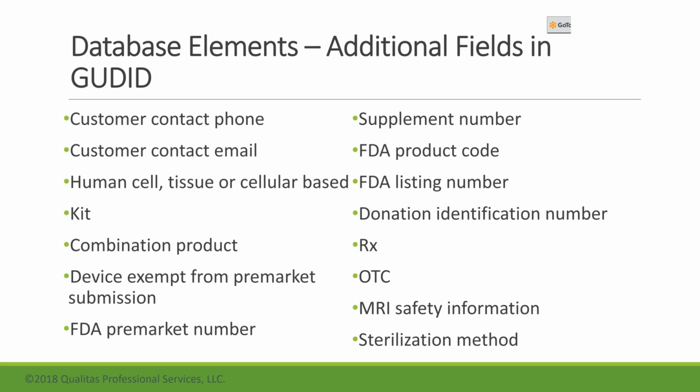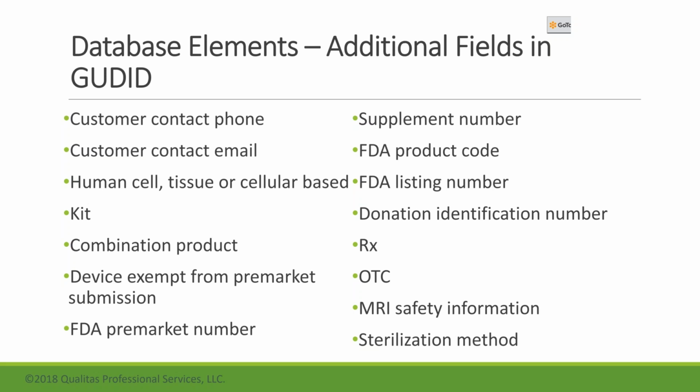But what's important to know in both the Eudamed and GUDID databases is that there are certain data elements that, if changed, will trigger and require a new UDI, a new device identifier. So you have to keep that in mind and make sure that you understand the data rules for your issuing agencies.